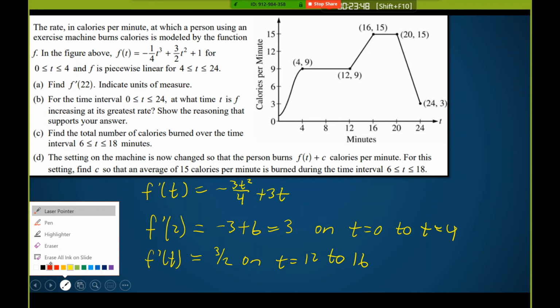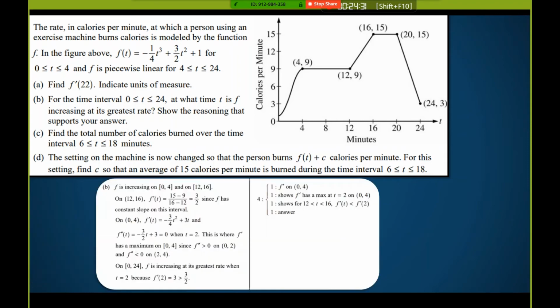Okay, here's how they would score you. First, we've got 1 point for taking the derivative on 0 to 4.